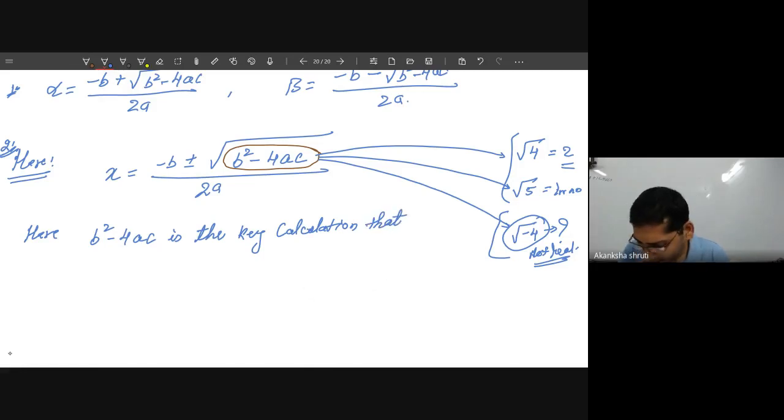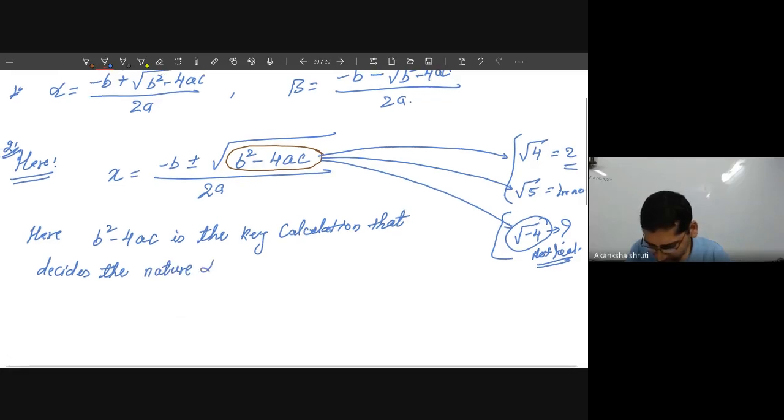that decides the nature of x. This x is called what? Root.